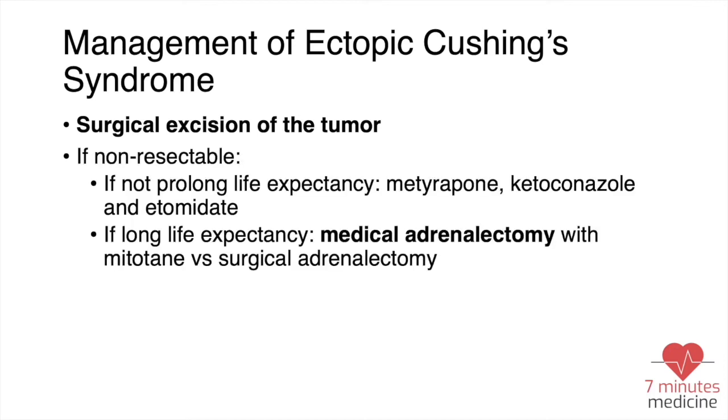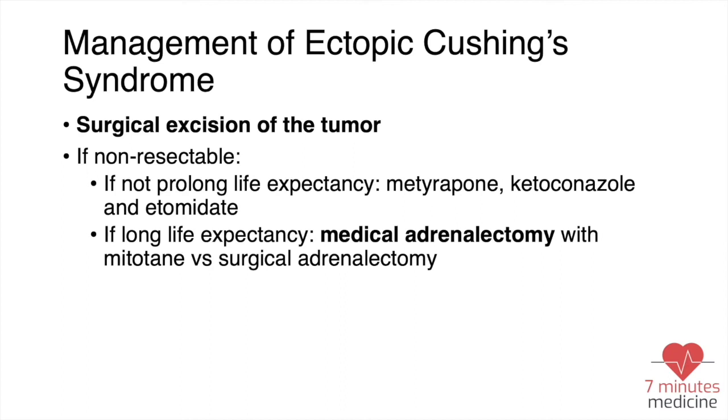Next, we're going to talk about the management of Cushing syndrome related to the ectopic production of ACTH. And the first step is to do surgical excision of the tumor. And the question is, if the tumor is not resectable, this is where we have other options.